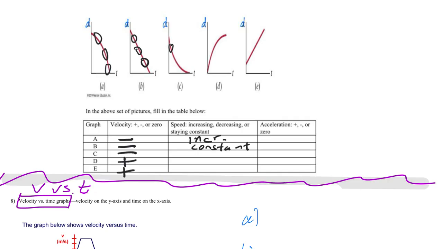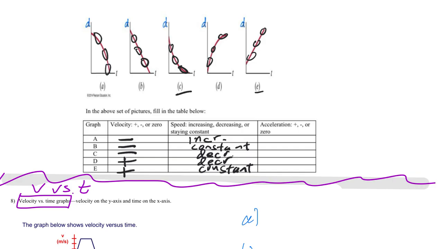In C, the slope's getting flatter, so it's decreasing. Letter D, slope's flattening, so speed's decreasing. Letter E, we can see that the slope remains constant.